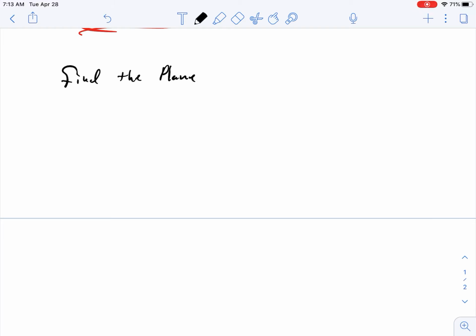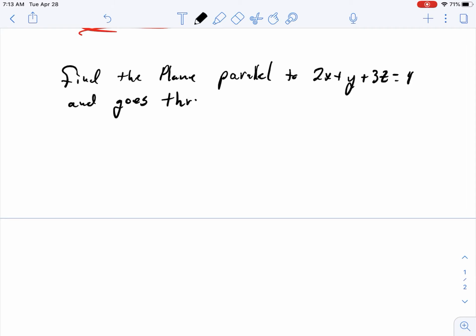Find the plane parallel to, say, 2x plus y plus 3z equals 4, and the plane goes through the point (1, 1, -1). Okay.